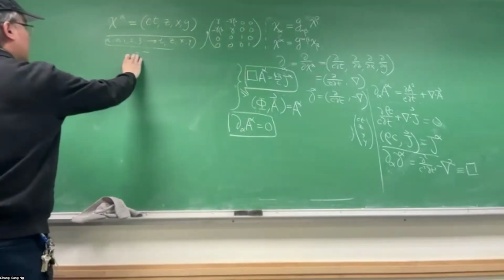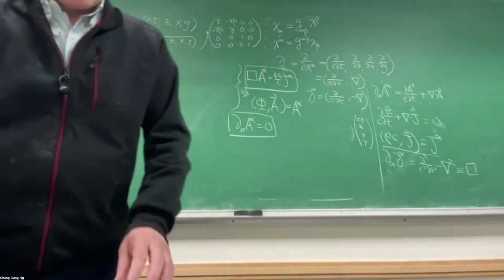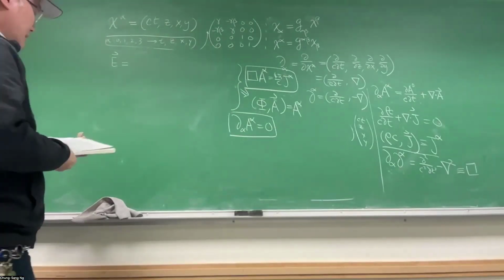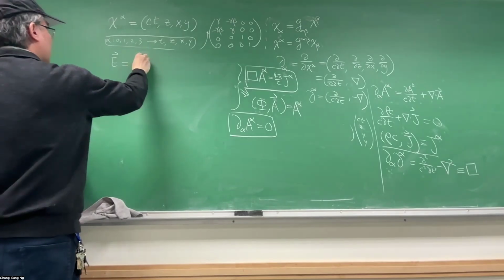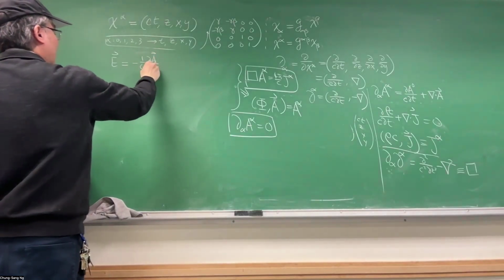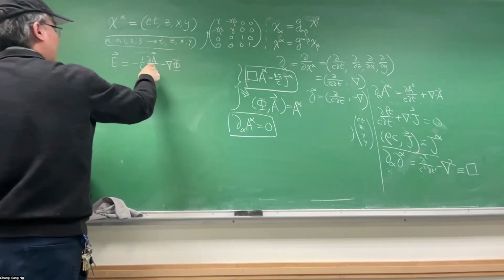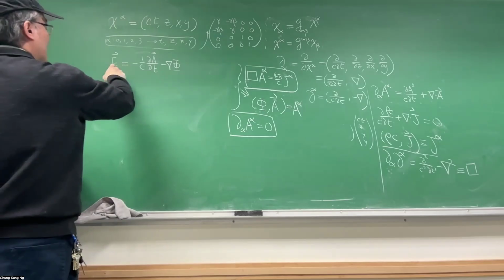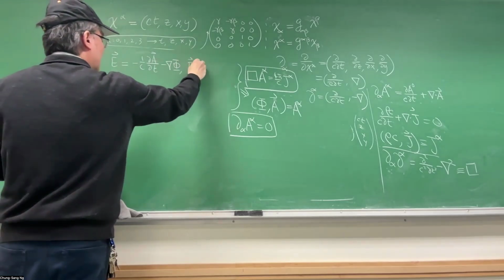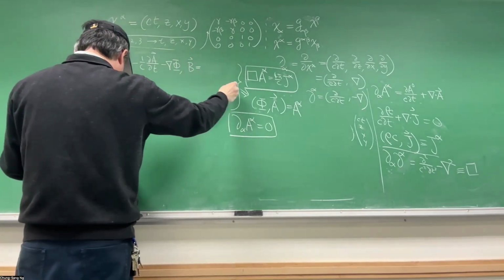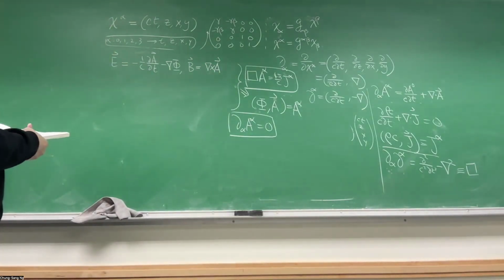Now the electric field is, let's write down, the electric field is, this is not the electrostatic potential, so you have partial A, partial T terms. This is from chapter 6, if you remember. So you have vector potential and scalar potential forming the electric field. The magnetic field is easier. You just take the curl of A.